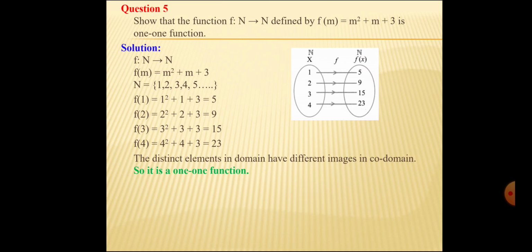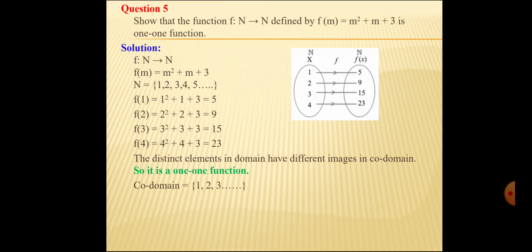So here you see the diagram and find out the answer. The domain has the natural numbers 1 2 3 4, and the codomain has the coming answers 5 9 15 23. So every element in the domain has a distinct or different image in the codomain, so it is a 1-1 function.